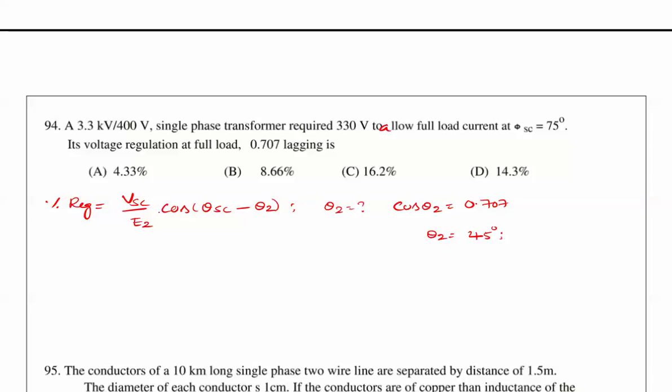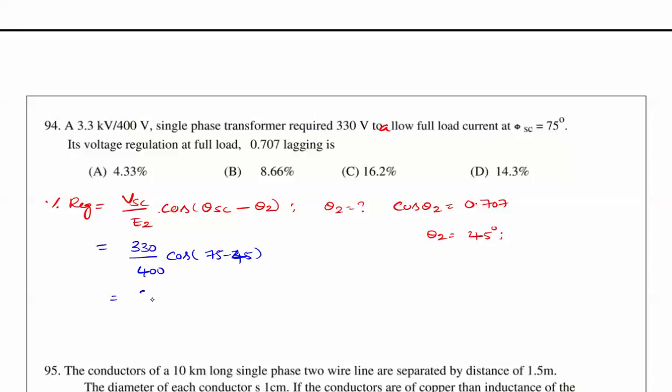So from this, VSC is nothing but the short circuit voltage. This is 330 volts divided by the voltage here, which is 400 volts, into cos of 75 minus 45.